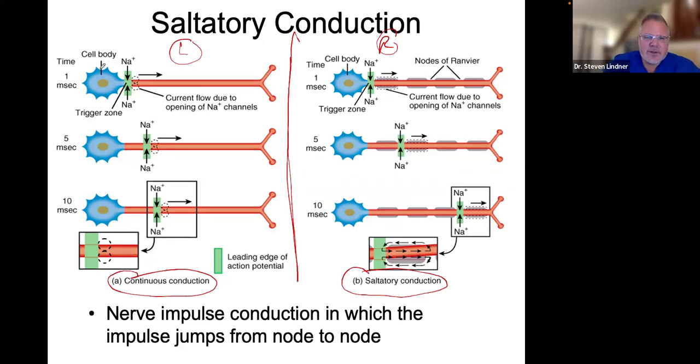If we look at this neuron on the left, we see the dendrites, we see the cell body, the nucleus, and an axon, and the axon terminal. All of these on the left are unmyelinated.